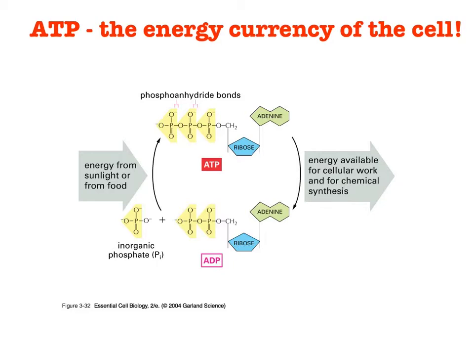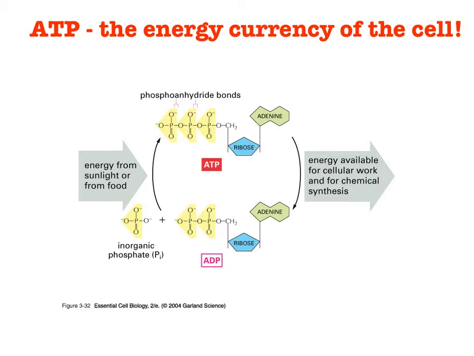All right, the last thing for me to talk about is to refresh your memory about what ATP is. We studied ATP when we looked at nucleic acids. It's often called the energy currency of the cell. This entire tutorial has been about energy and how energy changes in cells, and it all involves ATP.